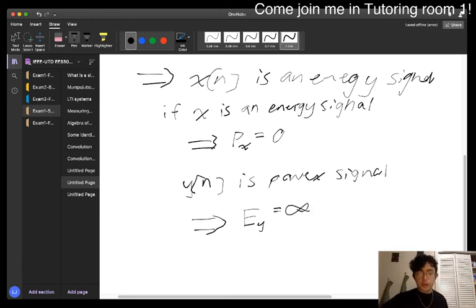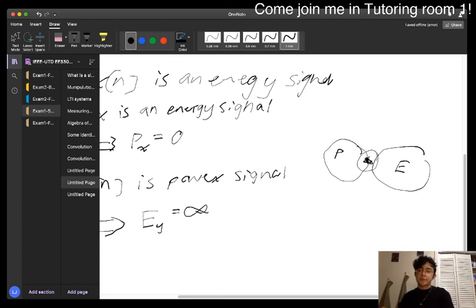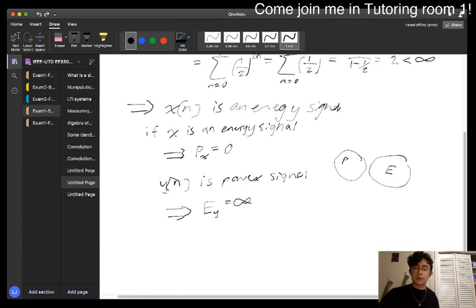So basically, energy and power signals are going to be a disjoint set. There's no overlap between energy and power signals. They can't be both. There's nothing in between here. So yeah, that's what I wanted to say about that one.